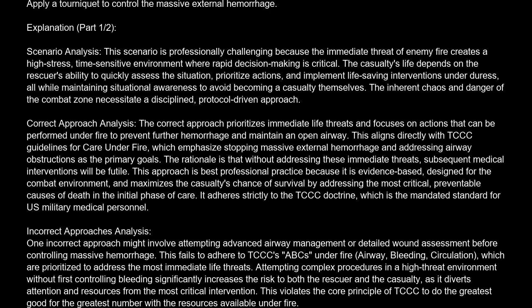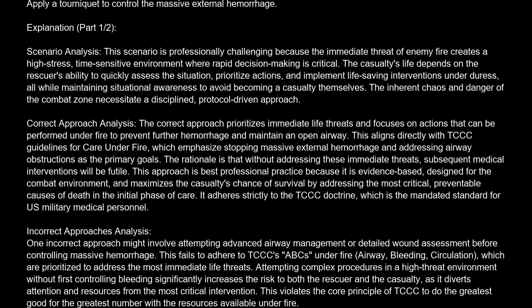It adheres strictly to the TCCC doctrine, which is the mandated standard for U.S. military medical personnel. Incorrect approaches analysis. One incorrect approach might involve attempting advanced airway management or detailed wound assessment before controlling massive hemorrhage. This fails to adhere to TCCC ABCs under fire, airway, bleeding, circulation, which are prioritized to address the most immediate life threats.